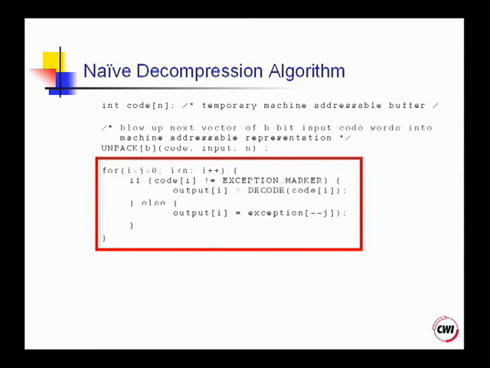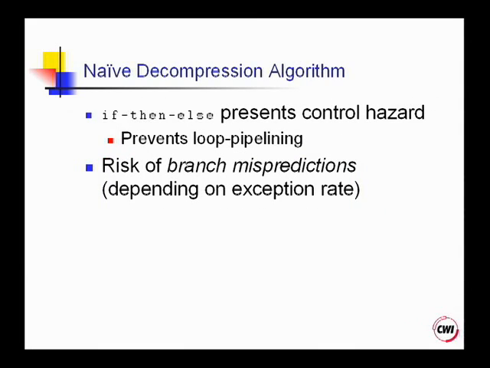And according to whether it is, we decode the value or just write the raw value from the exception section at the end of the block. And as I told you, if then else presents a control hazard, and this limits CPU throughput. And furthermore, it has a risk of branch mispredictions, which I will show you now.